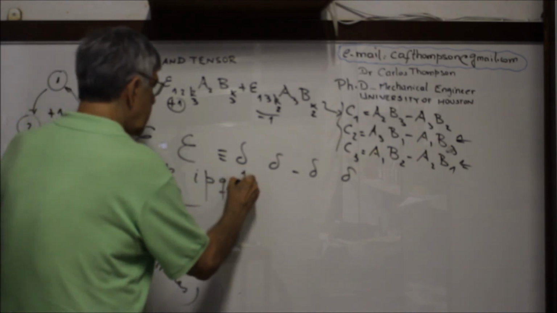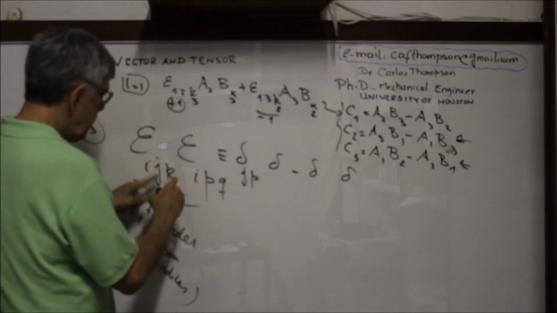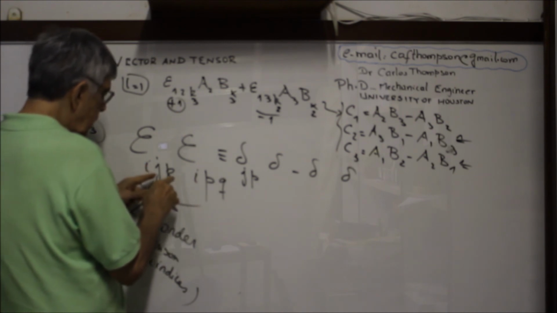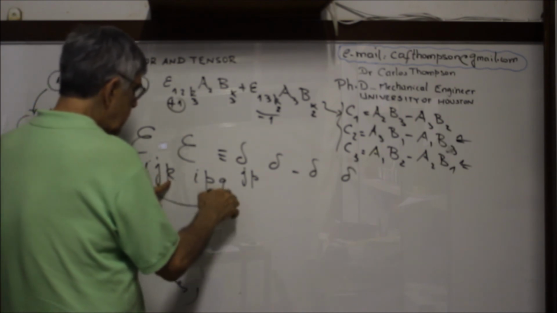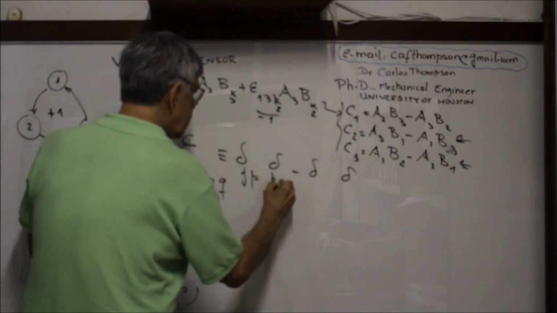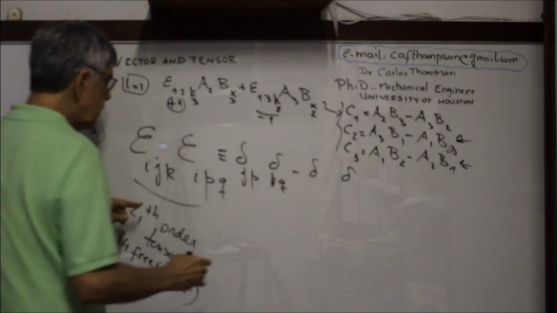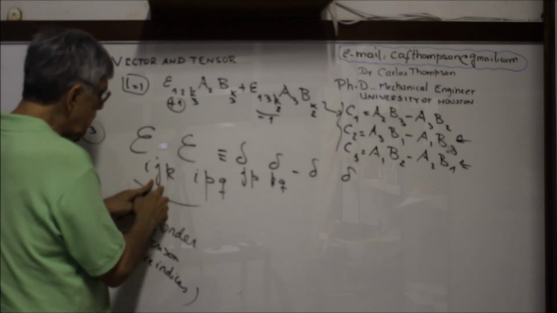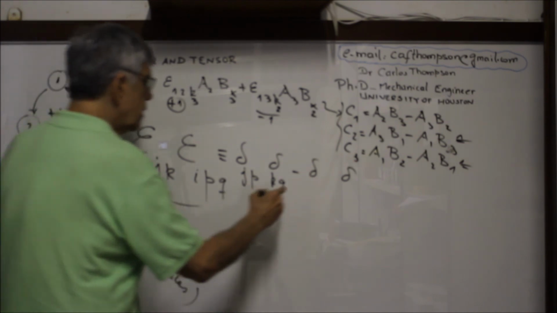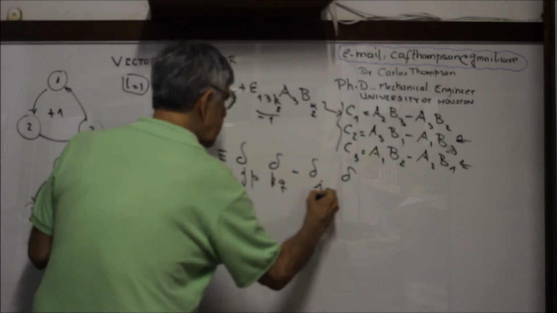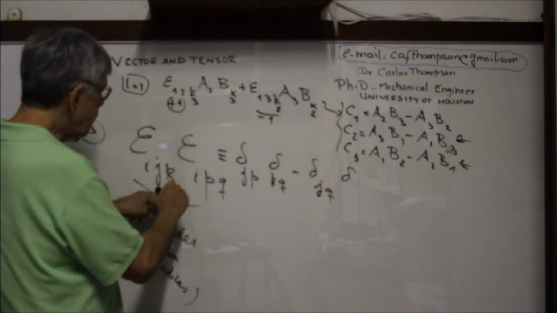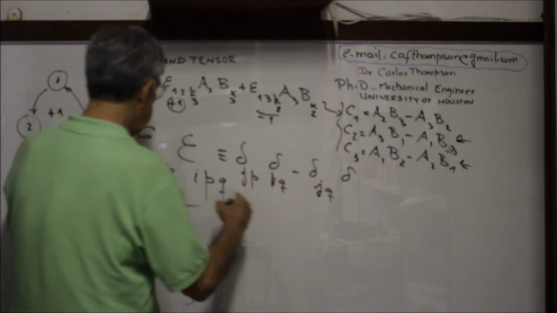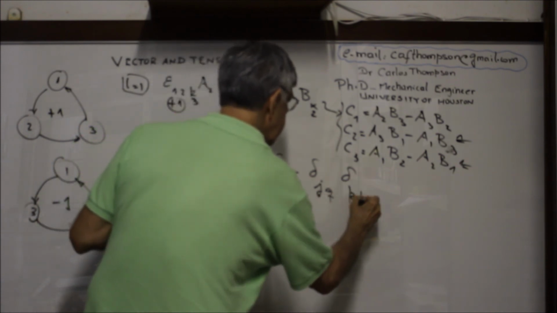Delta JP, in this, KQ. Now you put minus here, and you reverse the order. The first one gets the second one here, so JK, and the third one gets the second here, KP.